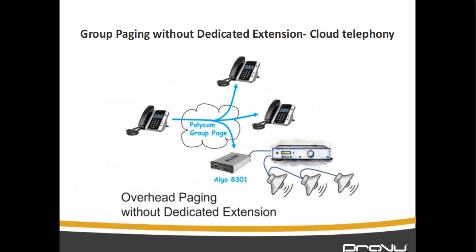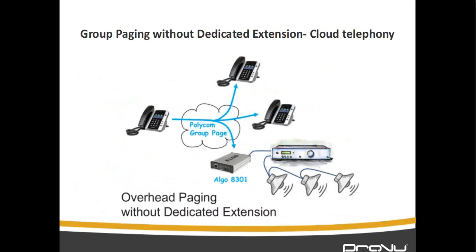This is another requirement mainly for cloud telephony, because if you are in the cloud telephony market and want to add a new extension, people have to pay extra per extension, or however it is charged. With Algo or 2N, it doesn't matter which one you're using, SIP speaker or micro Algo, it reduces the requirement for a dedicated extension. For example, in this scenario you can see a Polycom group page, which is already configured on all Polycoms.